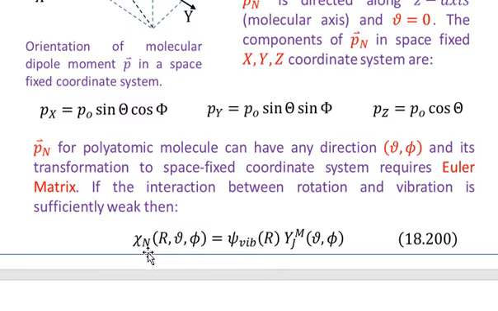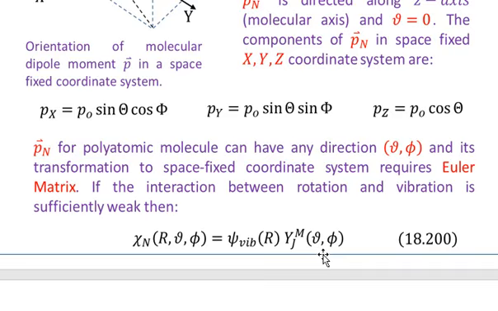That is, the nuclear wave function as a function of capital R, theta, and phi will be equal to the vibrational wave function psi vib as a function of R multiplied by Yjm as a function of theta and phi, where psi vib is the vibrational wave function, and it is only a function of capital R, whereas Yjm as a function of theta and phi is the angular part of the wave function.